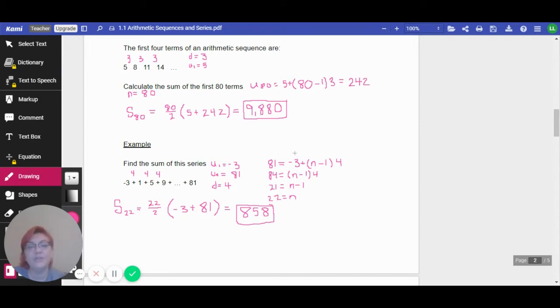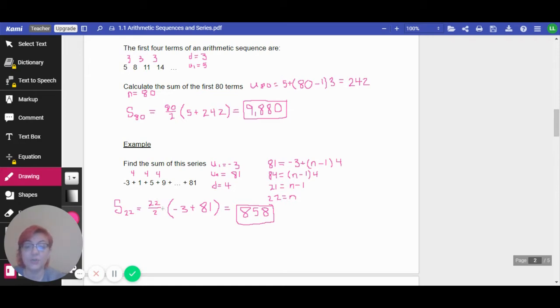I'm going to add 3 to both sides to remove it from the right-hand side. So 84 equals (n minus 1) times 4. To get n minus 1 by itself, I'm going to divide both sides by 4. So 21 equals n minus 1. To get n, I simply add 1 to both sides and find that there are 22 terms in this series.